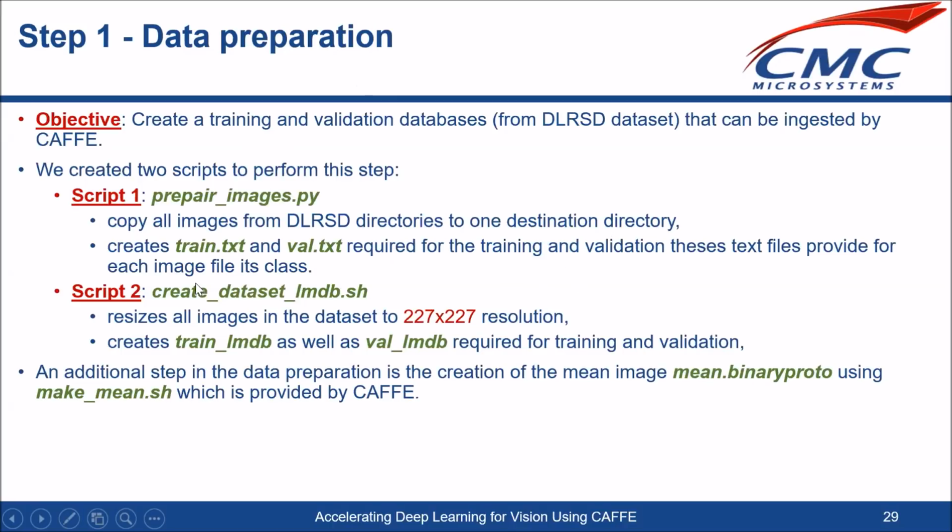The second script takes the results of the first script and resizes all the images to 227 resolution, which is the resolution accepted by the neural network CaffeNet that we will use. It creates train LMDB as well as val LMDB, which are our databases for training and validation. We also use make mean, which is available in Caffe. We didn't create this file; it is already available in the installation, and it creates the mean image.